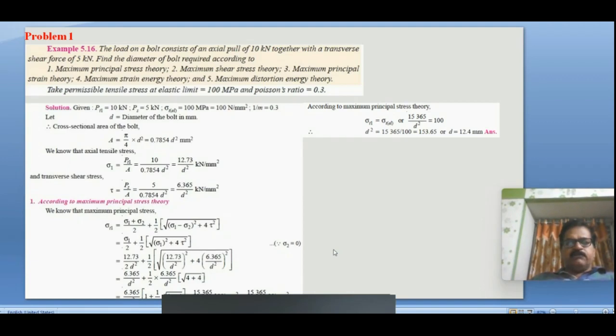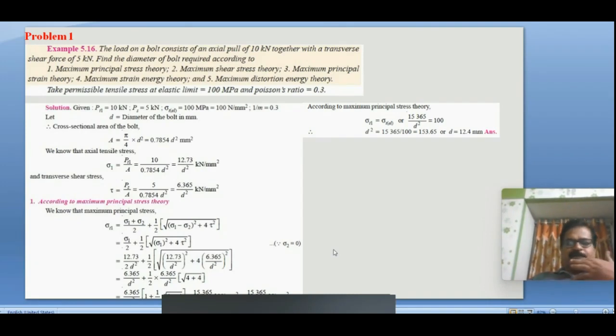Here, the failure value is given as the permissible tensile stress. That means the factor of safety is included, and hence we take the failure value by factor of safety as the permissible or working or design stress, which is equal to the value of major principal stress.